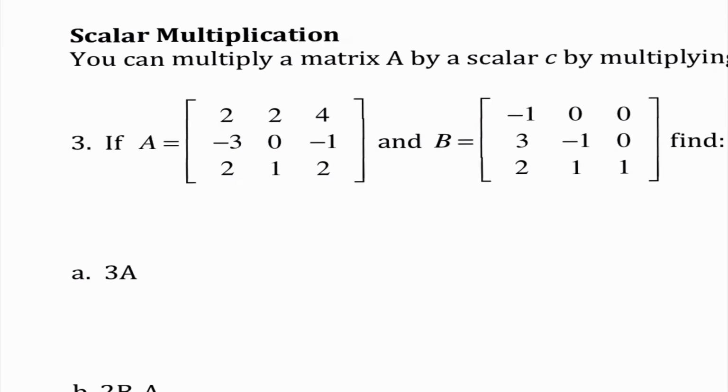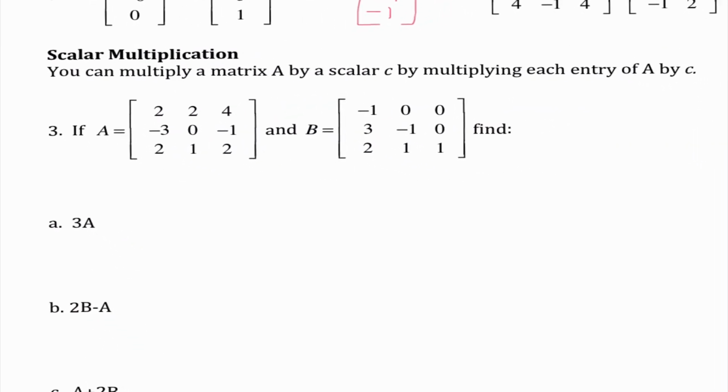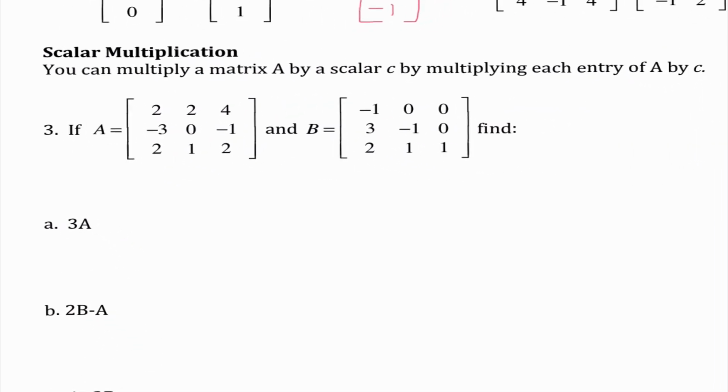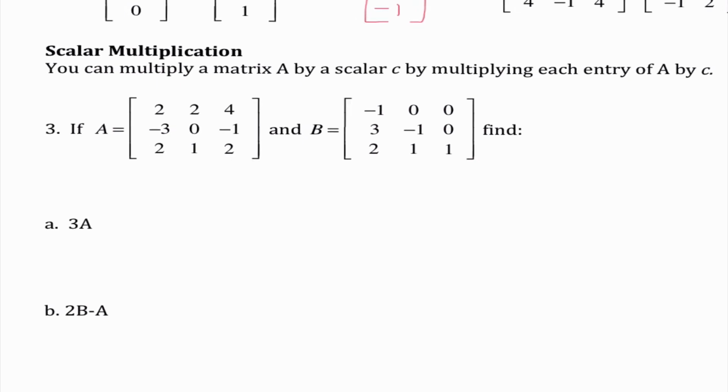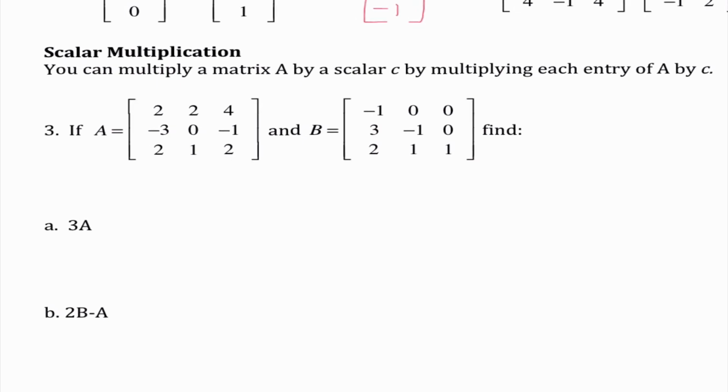Okay, scalar multiplication. We talked about scalar multiplication in our last chapter. Scalar just means that I'm multiplying a matrix by a constant. If I'm multiplying by a constant, all I'm going to do is distribute. So 3A tells me I'm doing 3 times, and I'm rewriting out matrix A here.